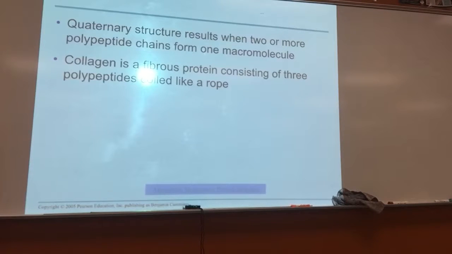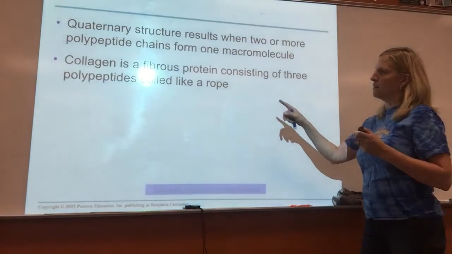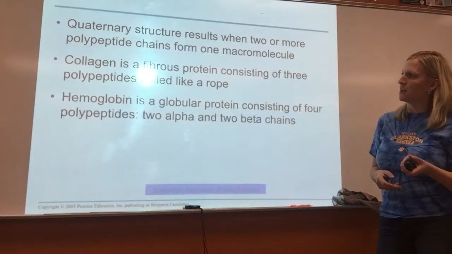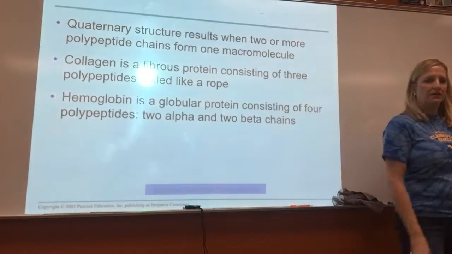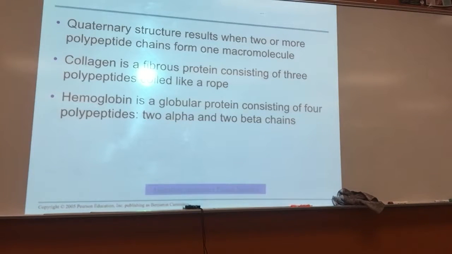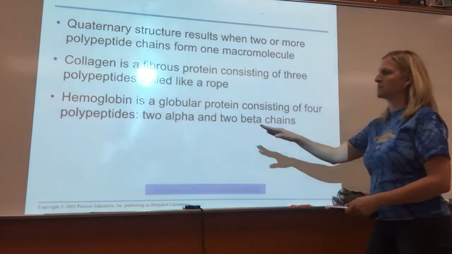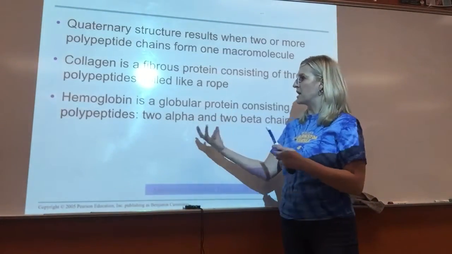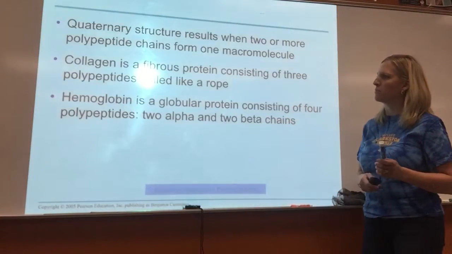And collagen is another type of protein that exhibits more than one polypeptide chain. And then hemoglobin, just a review from yesterday, has the 4 polypeptide chains. 2 of them are the same, so two of them are called alpha, they're the same type of polypeptide chain, and 2 of them are called beta.